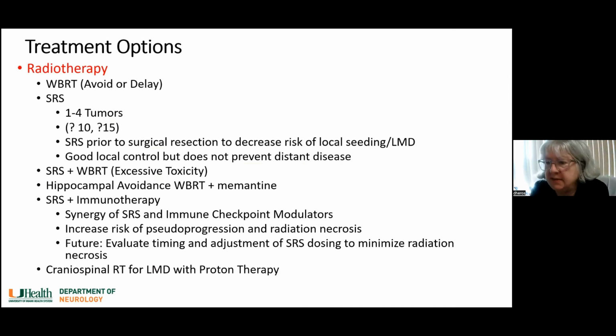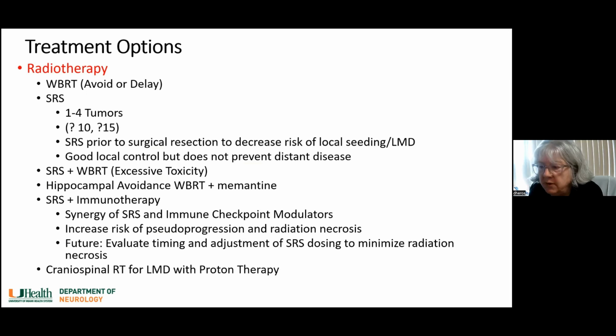Immunotherapy combined with SRS is an interesting concept, and it may be that there's synergy between the two treatment modalities, in that SRS may actually trigger the upregulation of PD-L1 and then make the tumor more susceptible or sensitive to immunotherapy. So there are now different clinical trials looking into combining the two, with SRS prior to immunotherapy.